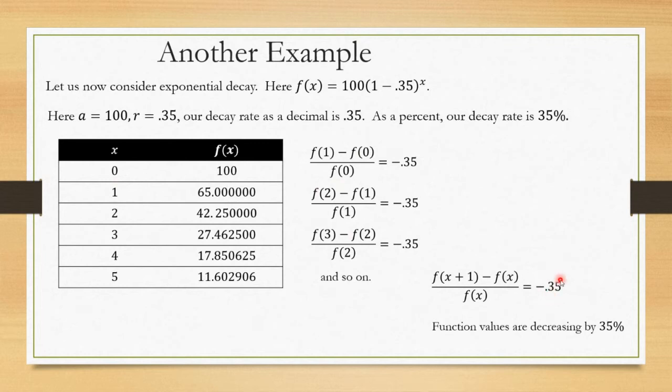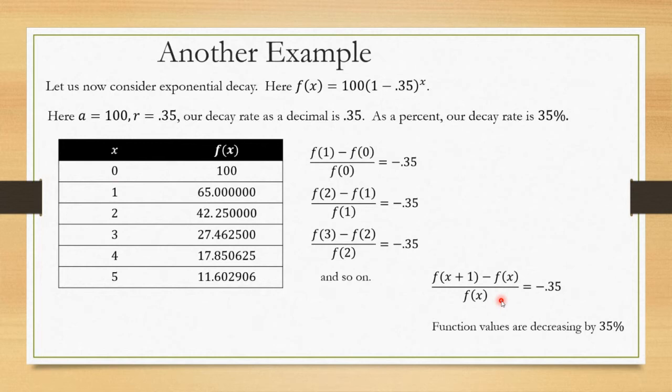And then, of course, you convert that to a percent, and you would get negative 35%. And again, that means the function values are decreasing by 35% here. That's really what this is saying. So that's one example.